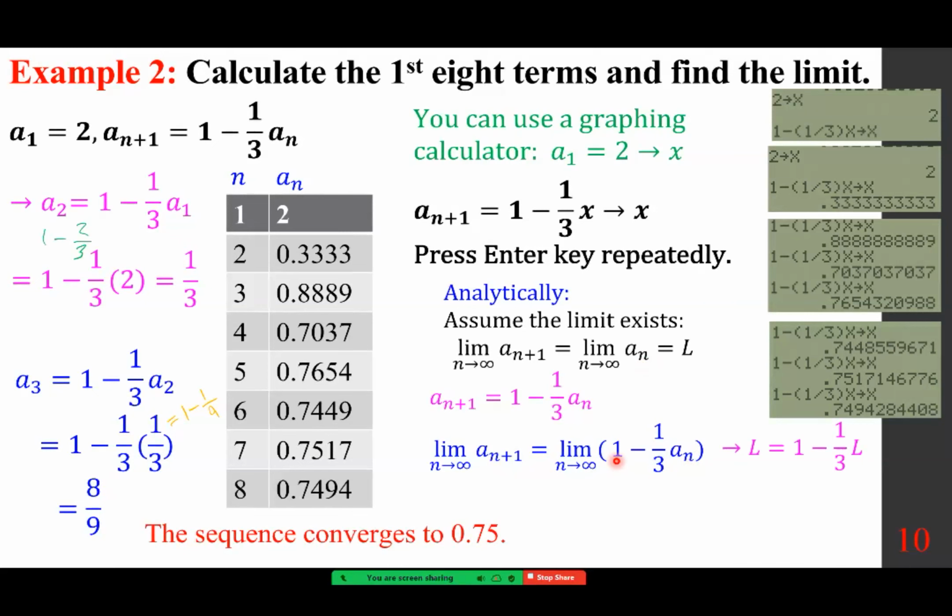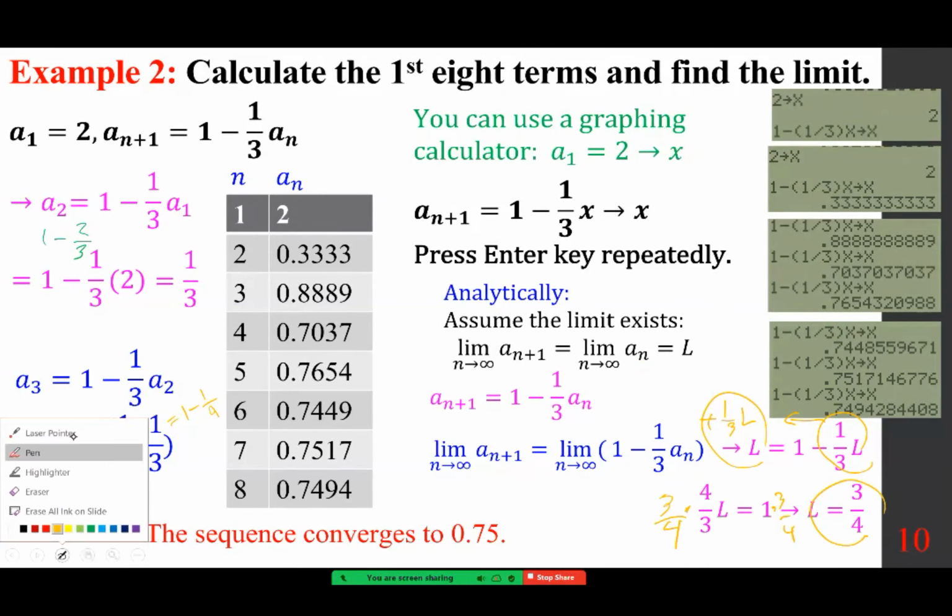So this is L, this is 1 minus 1/3 L, and you can move this here, make it plus 1/3 L, and you get 4/3 L equals 1. If you multiply this one by 3/4 and this one by 3/4, then you get L equals 3/4, and I hope everybody knows that 3/4 is the same as 0.75.